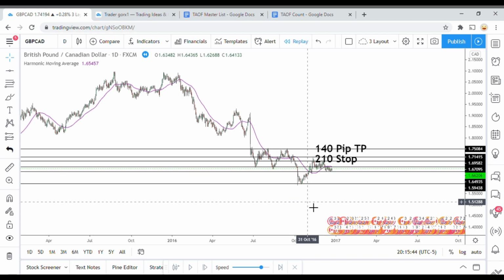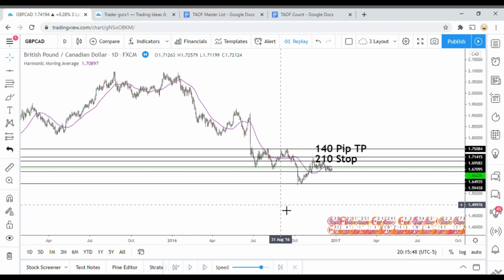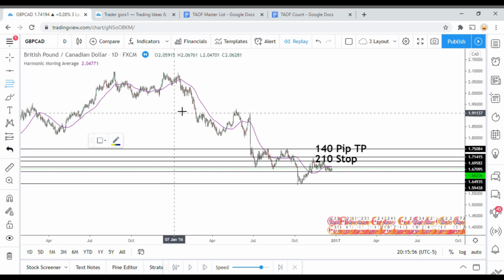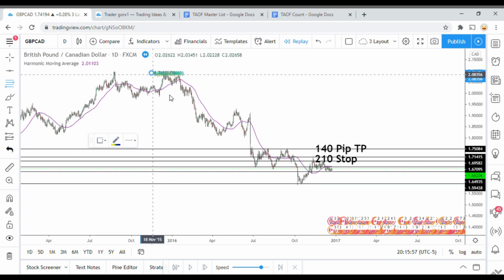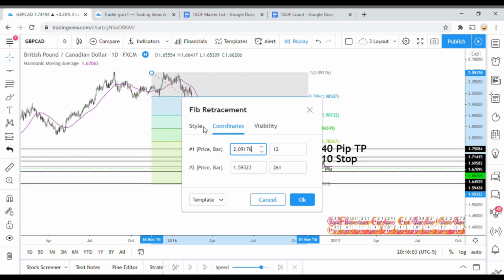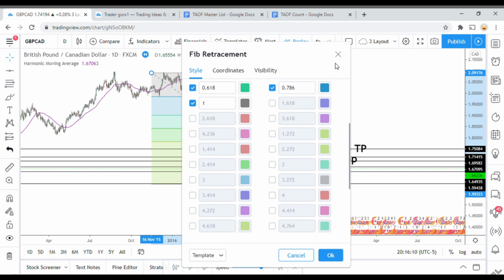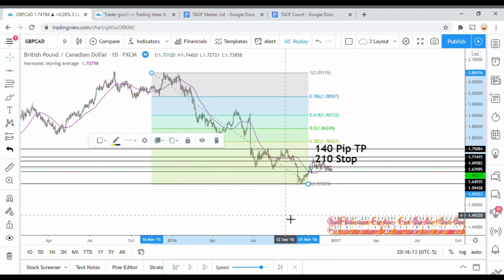Another good way of marking out the support and resistance lines is to use Fibonacci levels. What you can do is take a Fibonacci retracement like this, draw it down, mark as many areas as it has on here, and then use those as the individual lines.